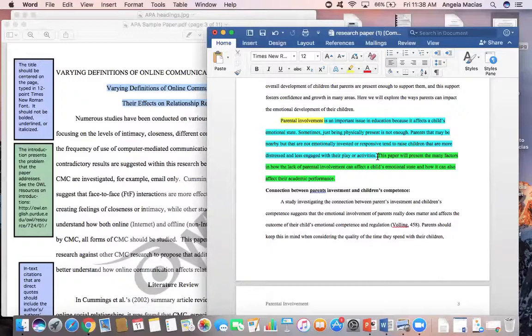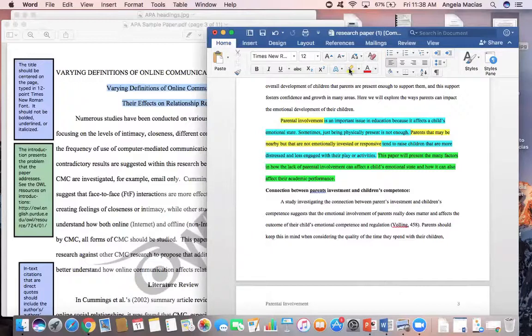Okay, first off, we have several things going on in this sentence. Parents that may be nearby but are not emotionally invested or responsive. I think we need to really be careful when we make statements like this. What do we really mean by this? And I think it's important in a research paper, especially in APA, that we are specific.